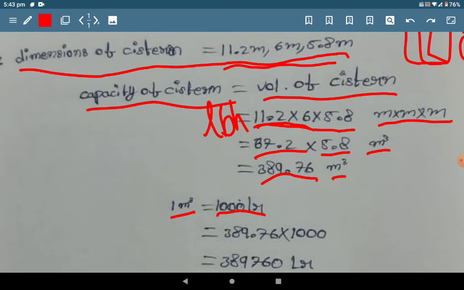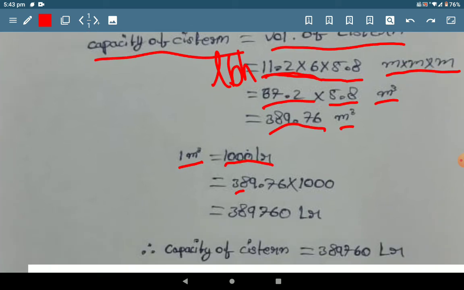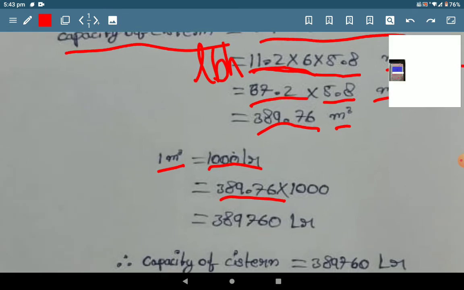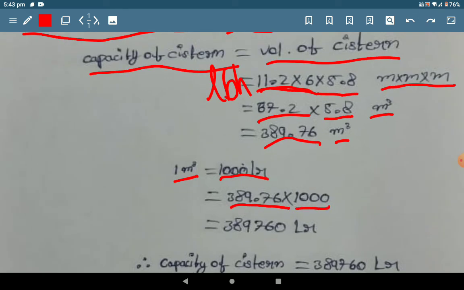So 389.76 meter cube into 1000 liters, because for every 1 meter cube we have 1000 liters.